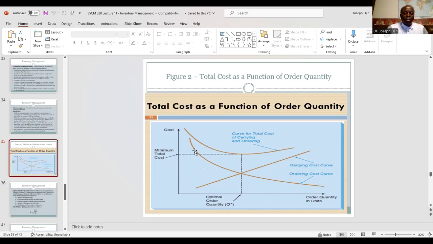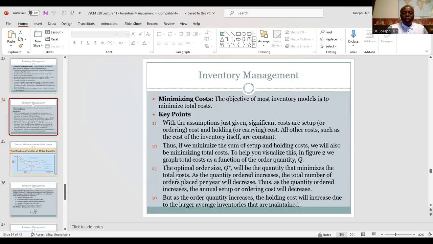This line represents the ordering cost curve. This one represents the carrying cost curve. And this one represents the total cost of carrying and ordering. You can see that the optimal order size, Q star, will be the quantity that minimizes the total cost.